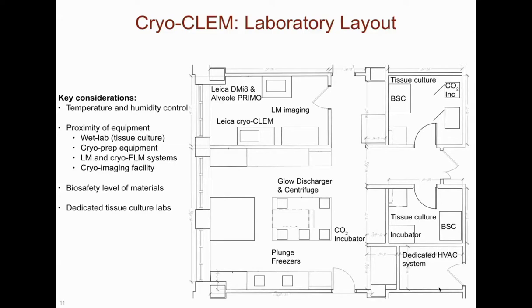We incorporated 2 tissue or cell culture rooms in the overall footprint to maintain a close proximity between the wet lab work, a live cell imaging system, the cryopreparative equipment, and the cryo-CLEM system. This layout supports our efforts to minimize handling and transport risks to samples that may be delicate or when the timing between steps is critical. Overall, our varied research objectives have been successful in part due to the lab design.